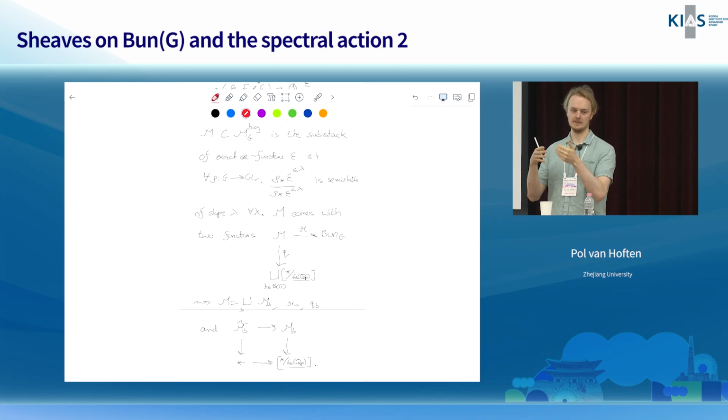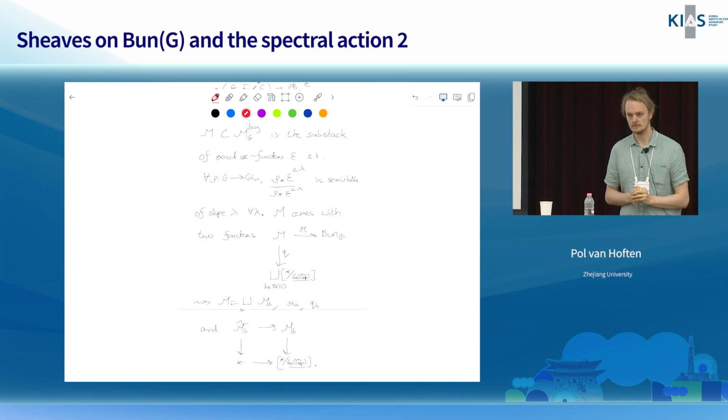Certainly it's open because being semi-stable is open, but it's also closed because it puts you in a component of Bun G. And then this gives me a disjoint union over all possible tuples of slopes which give you a vector bundle of rank n. And the automorphisms of a semi-stable vector bundle of that slope that fix the slope decomposition is precisely this point mod GBQP. Thanks for the question.